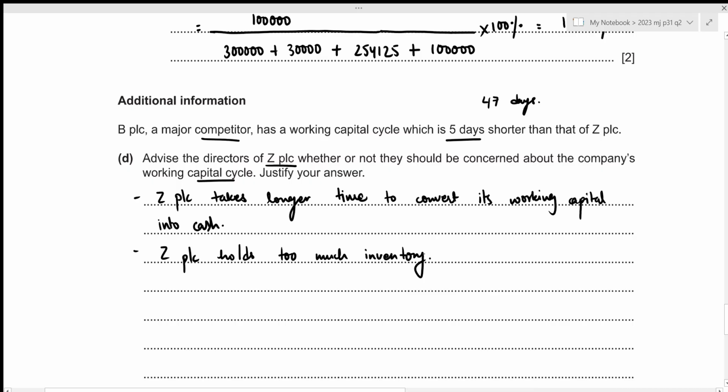Now we can also say that comparison is only going to be valid if they have same policies. So we can just consider that BPLC and ZPLC might have different policies.